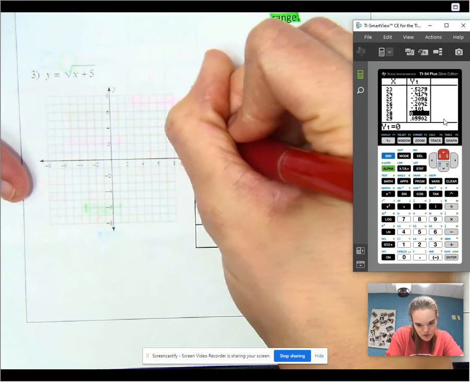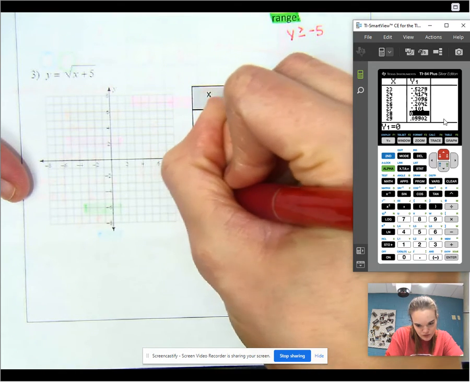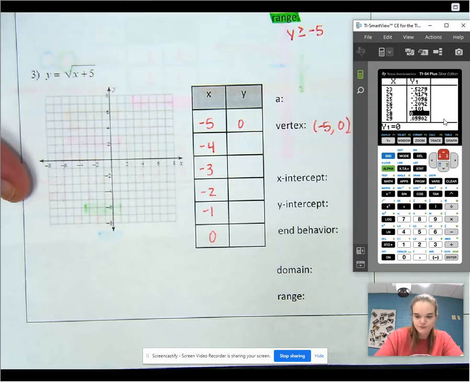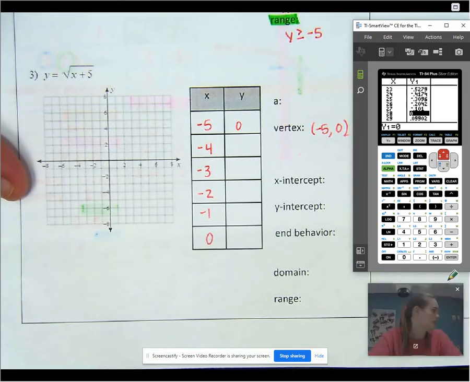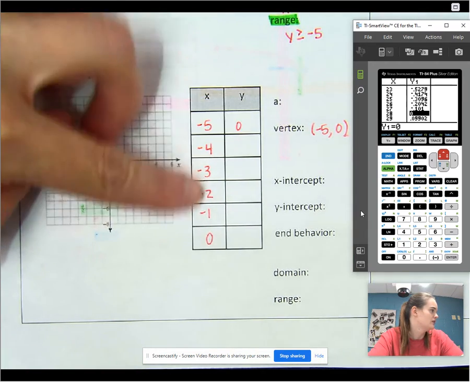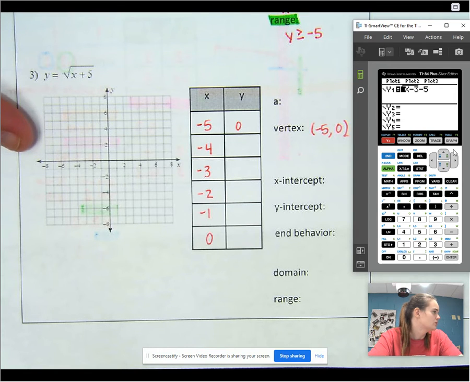Negative 5, negative 4, negative 3, negative 2, negative 1, 0. Looks like we will have an x and a y-intercept because I've got a 0 and a 0. Okay, so y equals, so I'm just going to go over and change it to plus 5. So I don't have to clear everything out. And then in case you didn't know, you can press delete, and it'll get rid of that stuff.